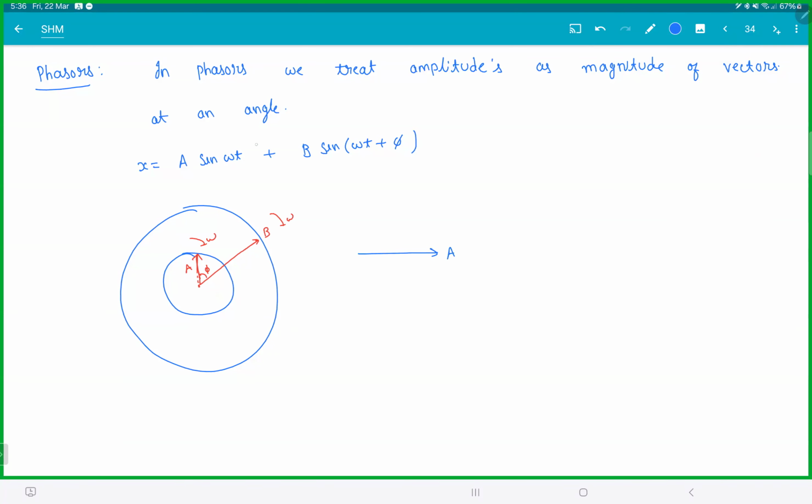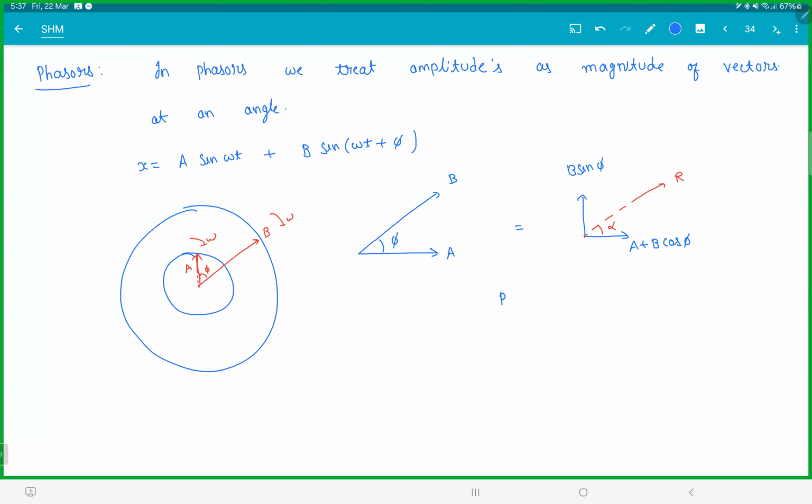Because the phase angle is 0, take A this way, with phi equal to 0, and take B at an angle phi. And then you know how to find the resultant of these two. This will become A plus B cos phi, and this will be B sin phi. The resultant of these two vectors is R, and let this angle be alpha.